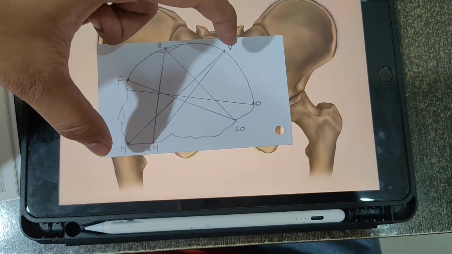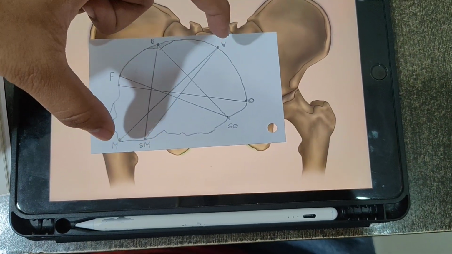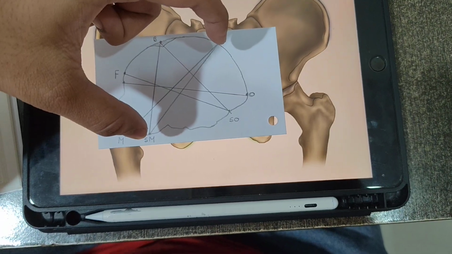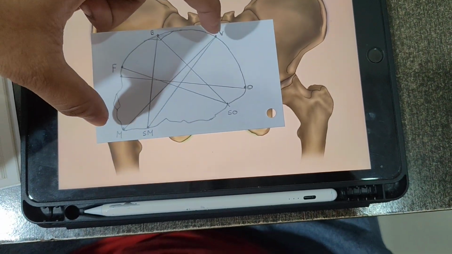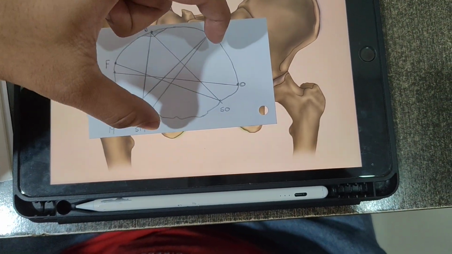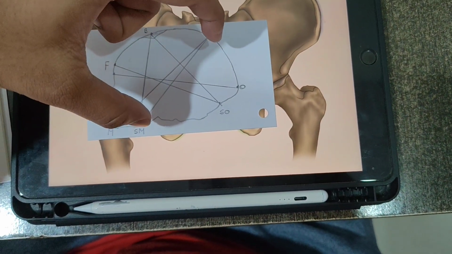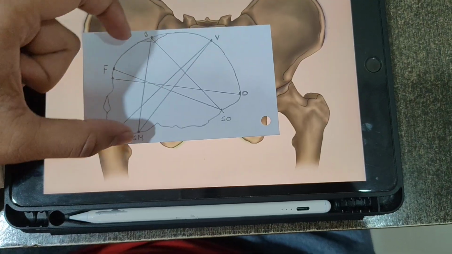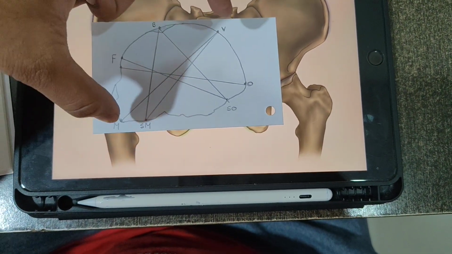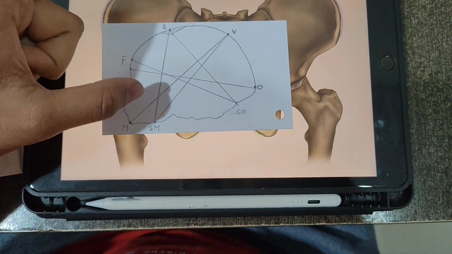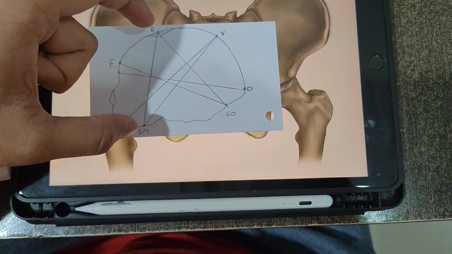So it's 14 centimeters. And after this, we have the submento-vertical, which is 11.5. So again, it's decreasing now. So 14, 11.5, and then suddenly there's a sharp jump from submento-vertical to submento-bregmatic. Submento-bregmatic is only 9.5.